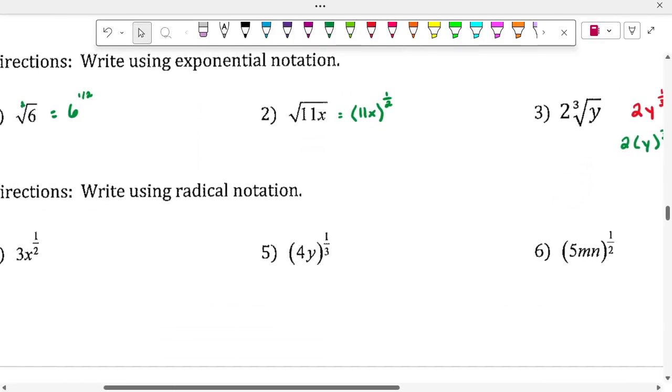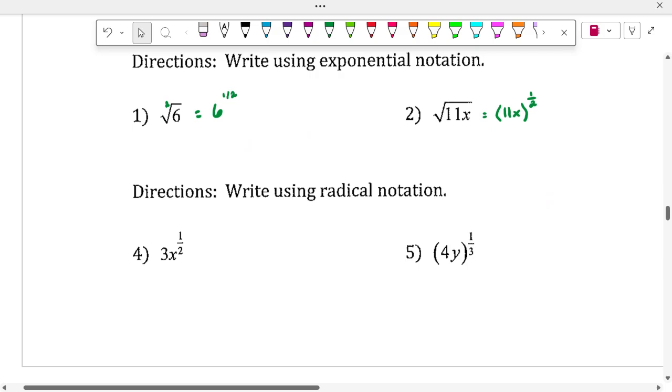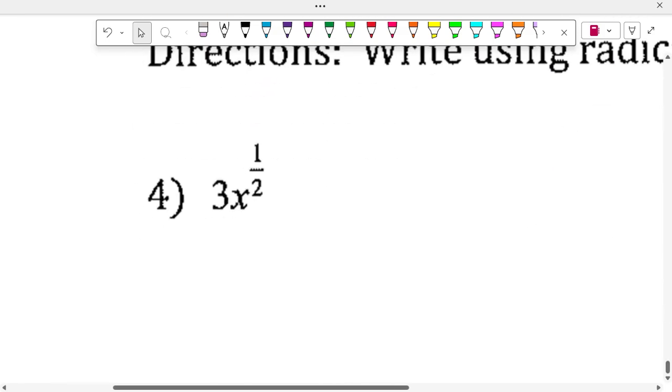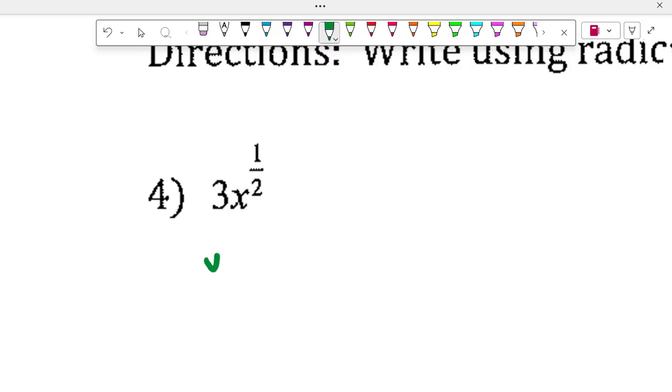Now, on the flip side, number 4, be careful. What's the only value that's going under that radical? The x only. And what type of root is it? It's a square root. And then the 3 goes on the outside. Yep, that's it.